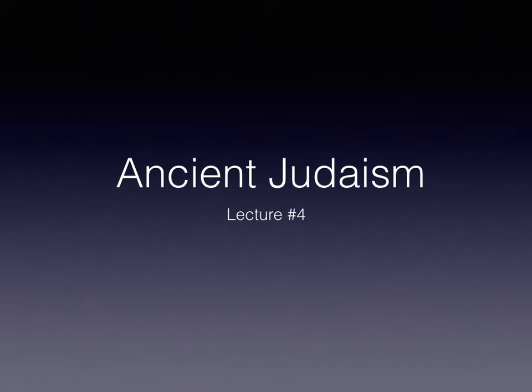So what happens is Antiochus comes in and he wipes out the cult to the Jewish god Yahweh. He wipes out the priesthood of the Jewish god, and he replaces that priesthood with a cult to the god Zeus Olympius.